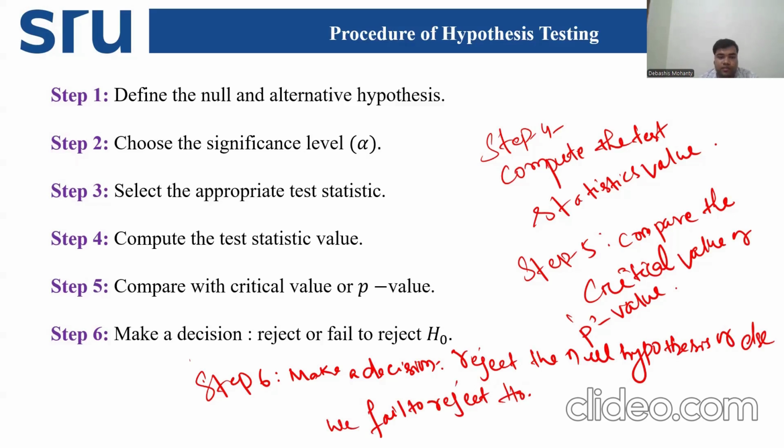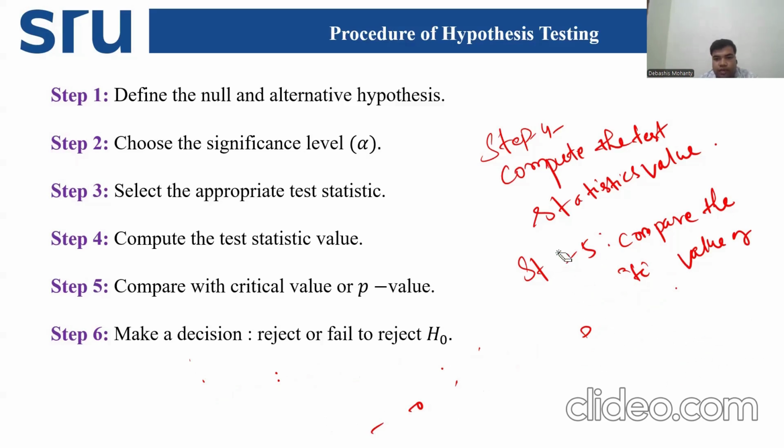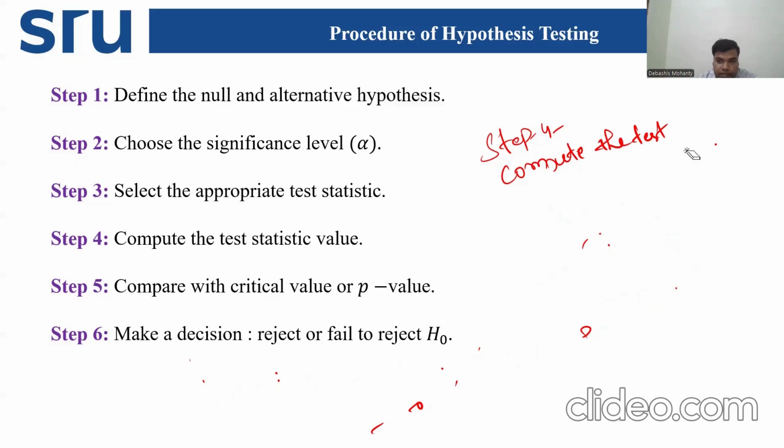These 6 steps are very important for testing the hypothesis. These are the basic procedures. In step 1, we define the null and alternative hypothesis. In step 2, we choose the significance level, the alpha value. In step 3, we select the appropriate test statistic. In step 4, we compute the test statistic value.